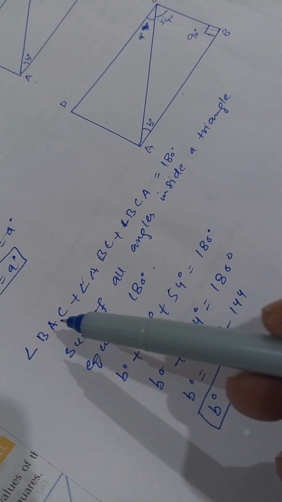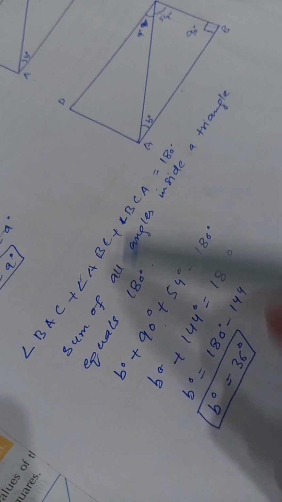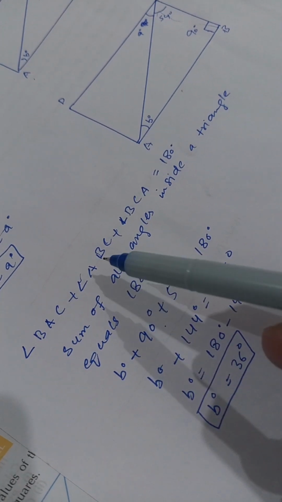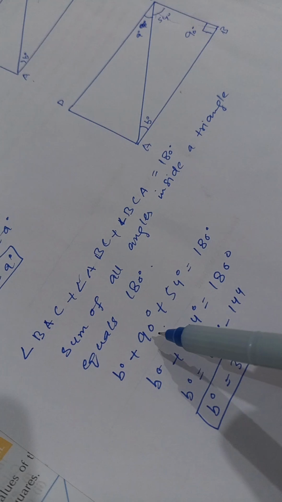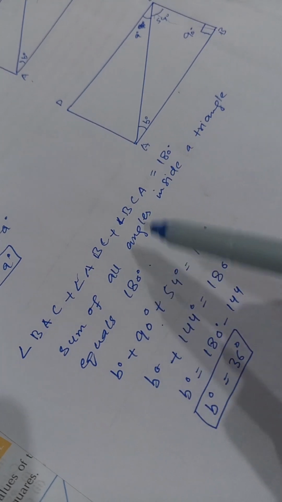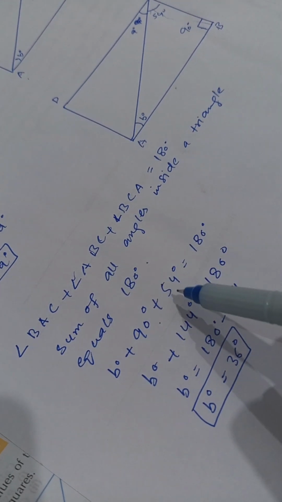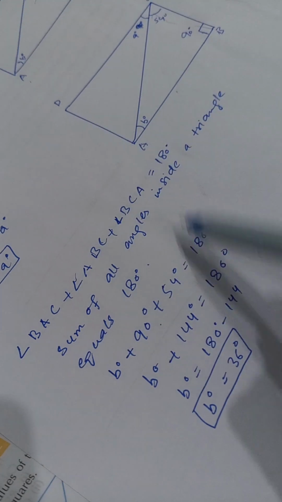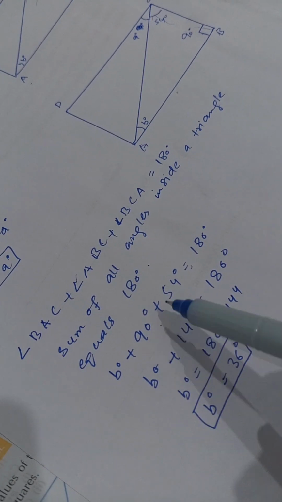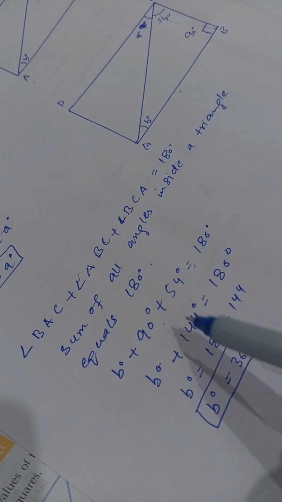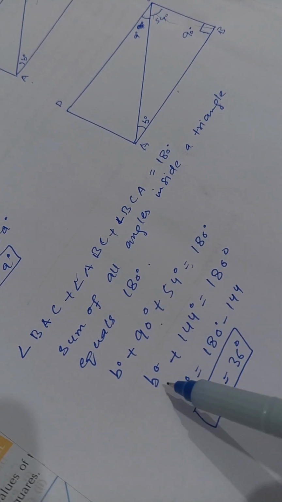BAC, we don't know the value, but we have named it B degree, so I have written B degree. Angle ABC, we know its value exactly because it's a rectangle, so its value equals 90 degree. And angle BCA equals 54 degree, that is what we are given, right? And it will equal 180 degree, right? So now what we have to do is solve this equation. 90 plus 54 equals 144 degree plus B degree, right?